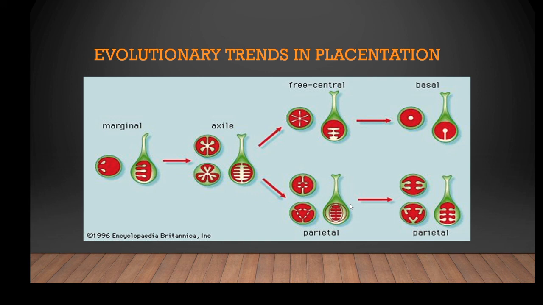So, according to Professor Puri, marginal placentation is considered as primitive and it gives rise to axile placentation, and parietal placentation is derived from axile placentation, and there is also the possibility of evolution from parietal to axile and from axile to marginal placentation.